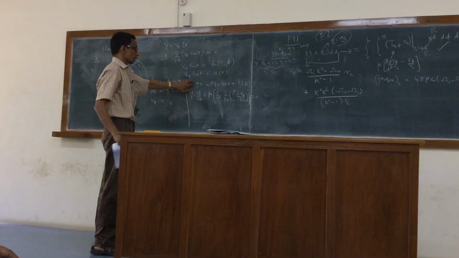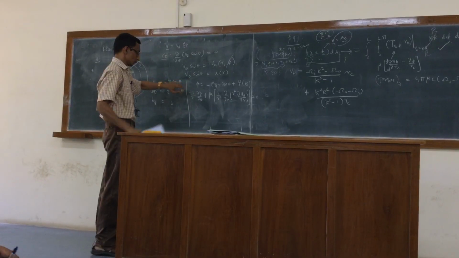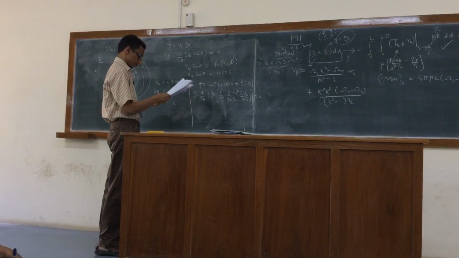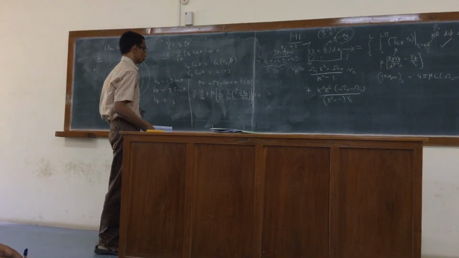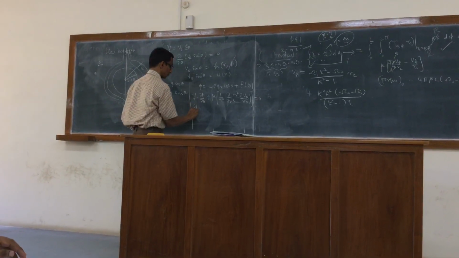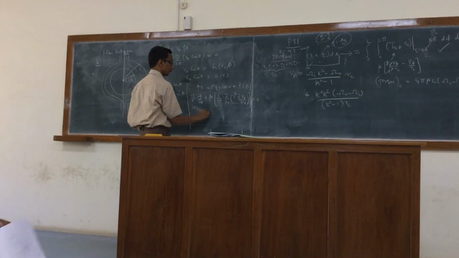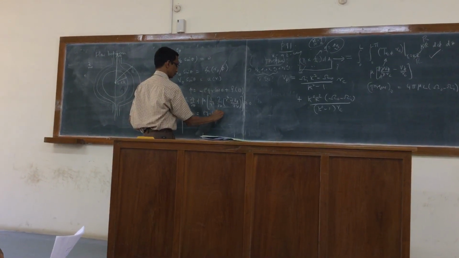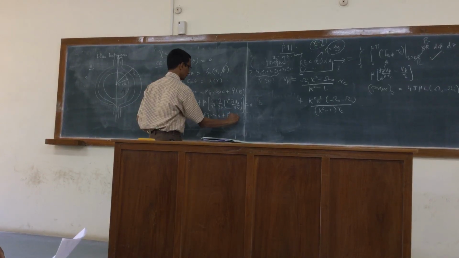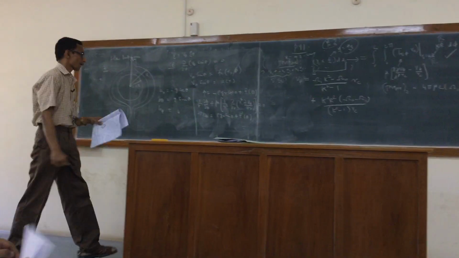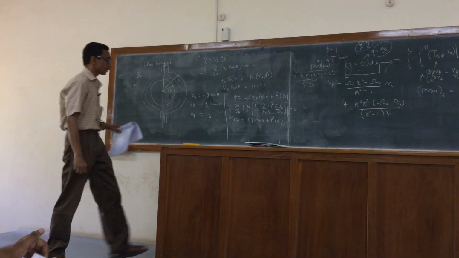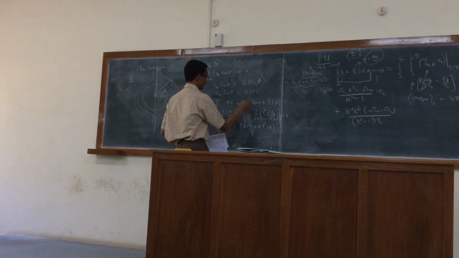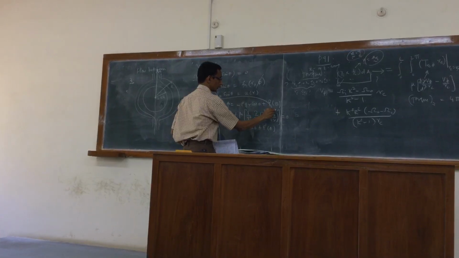Now we already know what dp by d theta is, so I need to calculate dp by d theta. dp by d theta is simply rho g r sin theta plus f prime of theta, and then I have to substitute for v theta here.